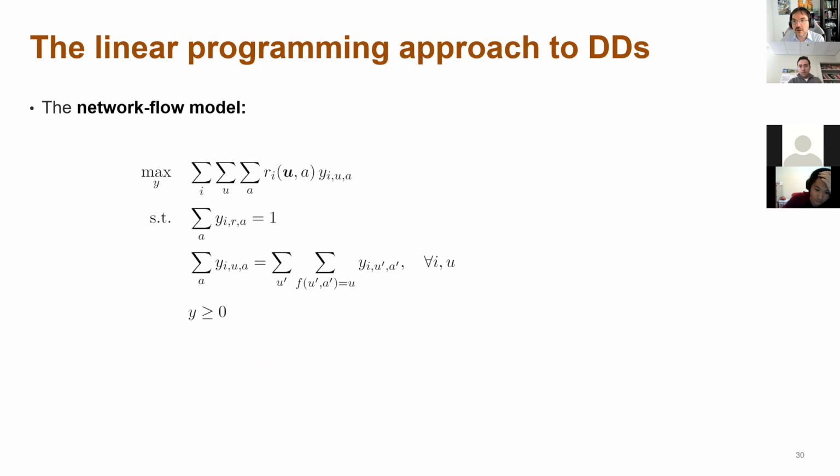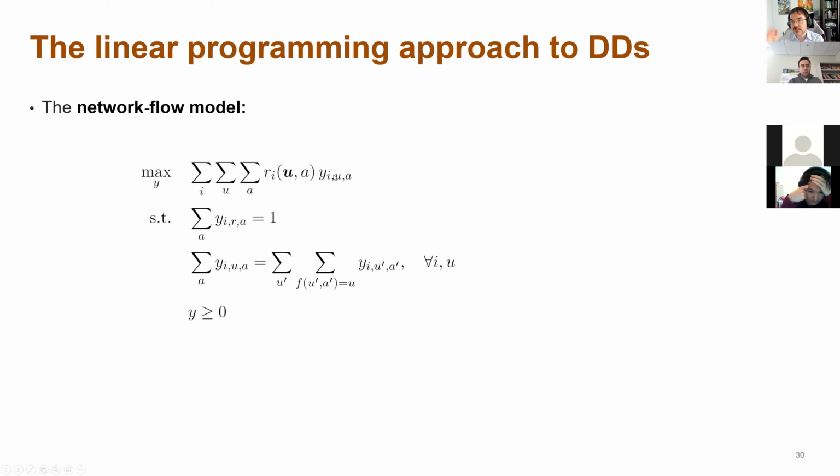So what is the network flow model? It's the same one that we studied in optimization 101, okay? So you want to send one unit of flow through the root node, and then you satisfy the balance of flow constraints through the nodes of your diagram, and then you want to maximize the flow cost, in this case, or the flow rewards, right? And sometimes you can have shortest path problems, then you have the same type of flow.